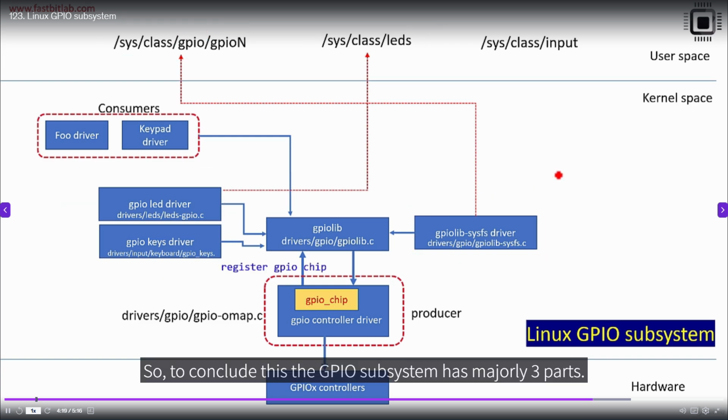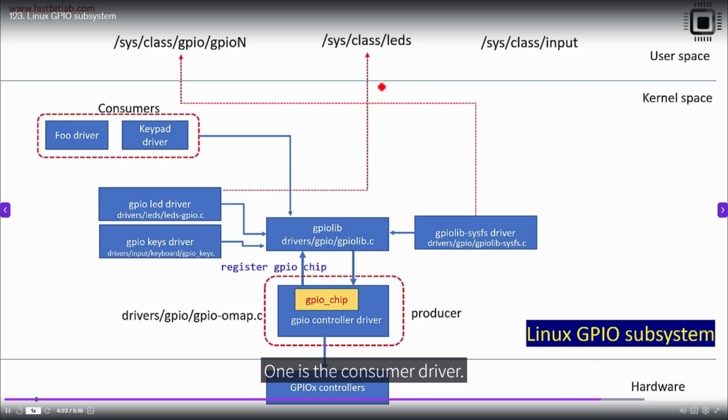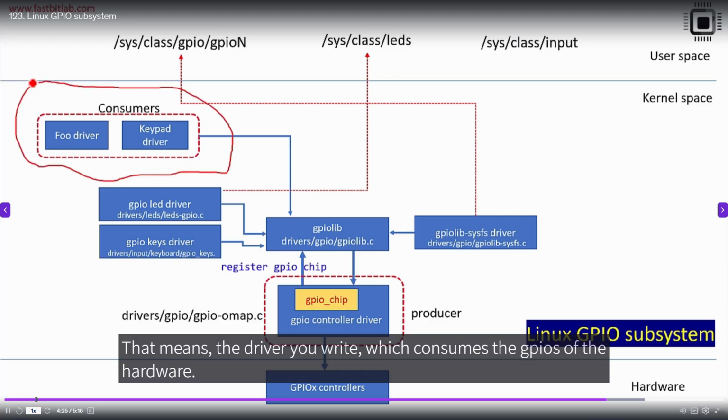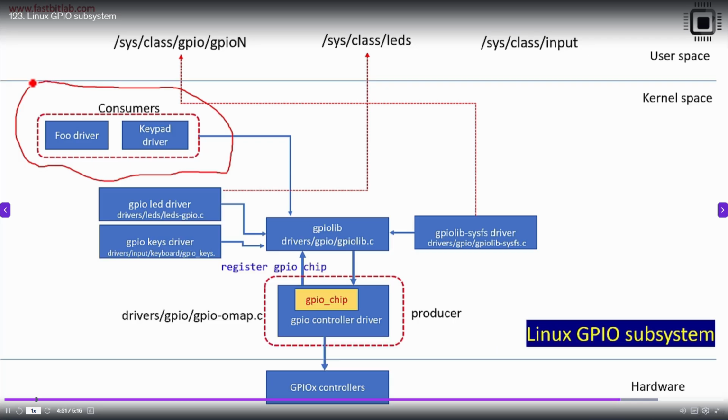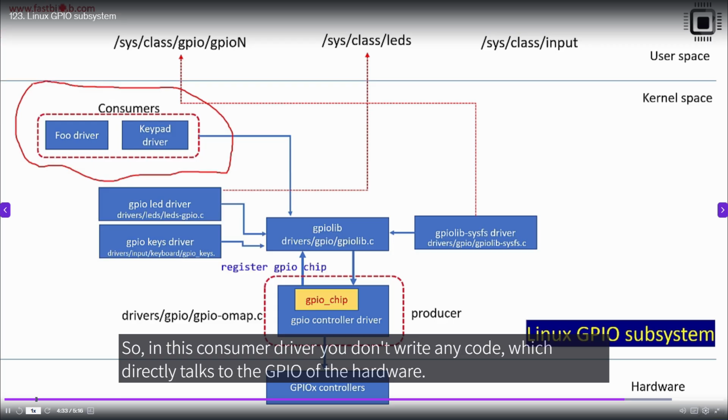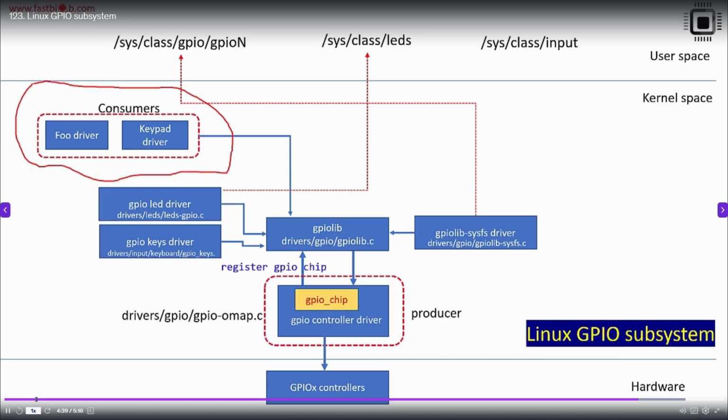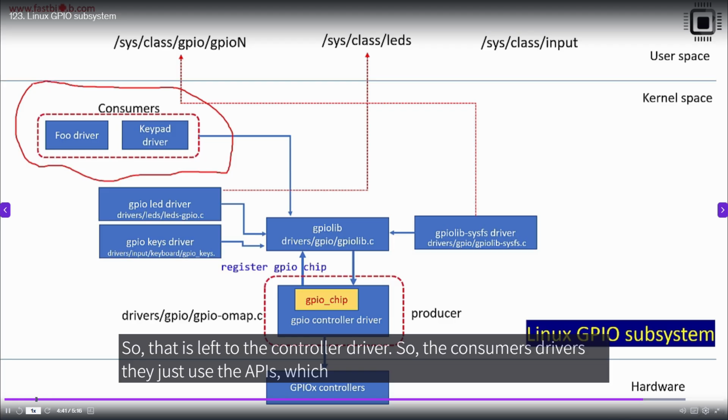To conclude, the GPIO subsystem has majorly three parts. One is the consumer driver, that means the driver you write which consumes the GPIOs of the hardware. In this consumer driver, you don't write any code which directly talks to the GPIO of the hardware. That is left to the controller driver.